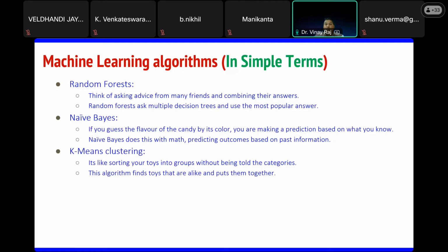You want to group all the red ones into a single package, all the blue ones into a single packet, all small cars into a separate group, and dolls into a separate one. You want to separate them, right? So k-means clustering means grouping related content together. This algorithm finds toys that are alike and puts them together.